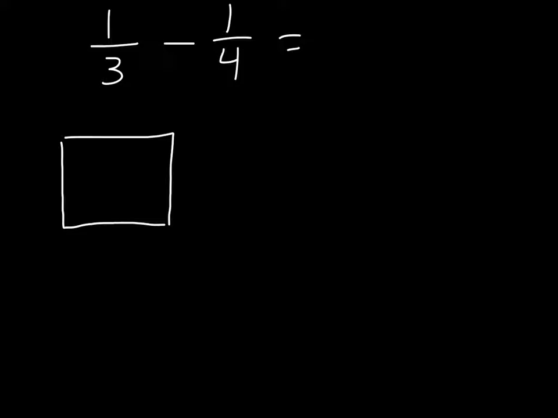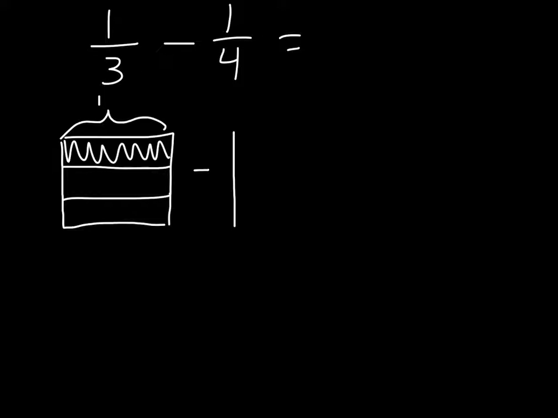We're going to practice one more time with unit fractions and do 1/3 minus 1/4. They both have 1 as their numerator. We will draw the area model for 1/3, and we'll color in one piece out of the 3.